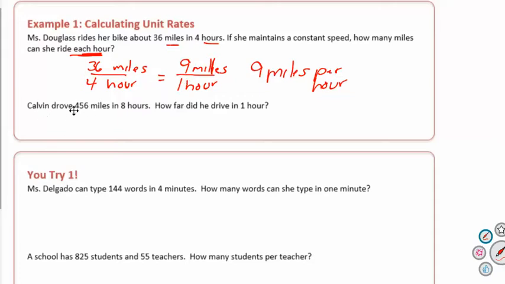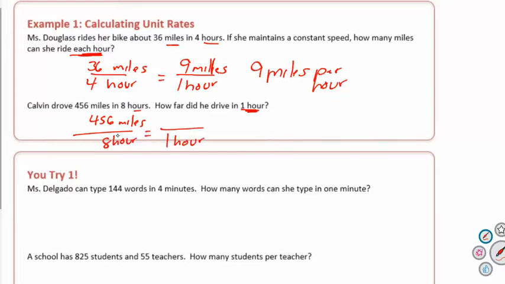All right, so let's look at this one. Calvin drove 456 miles in 8 hours. So I'm looking at miles and hours. How far did he drive in 1 hour? I want to know 1 hour, so hours needs to be on bottom. So 456 miles in 8 hours, and I want to know how far he went in 1 hour.